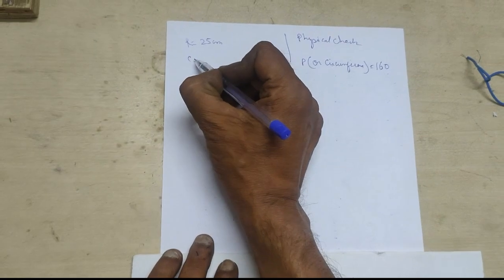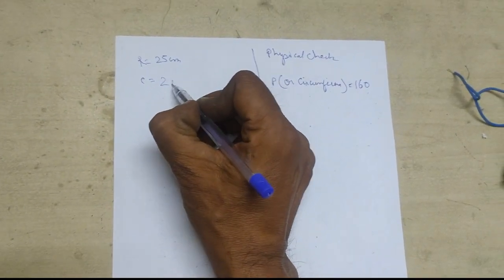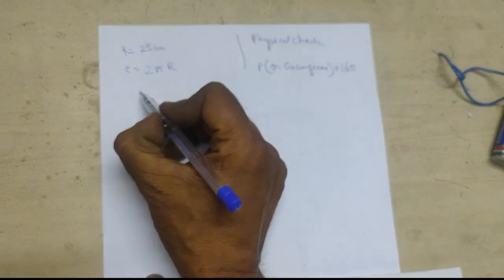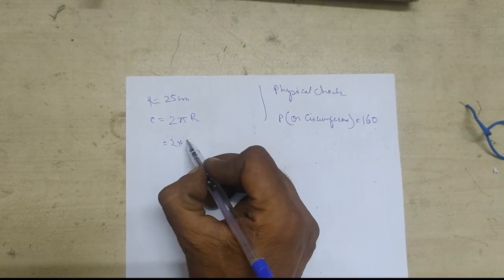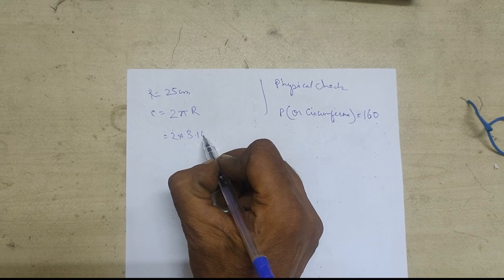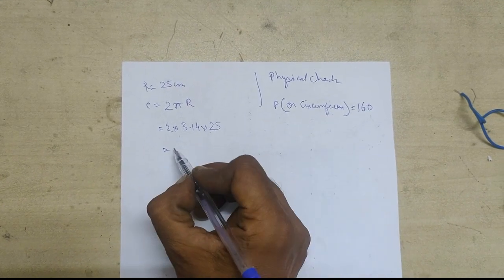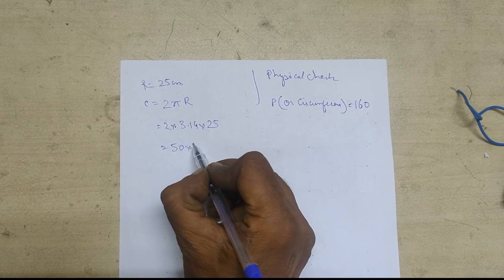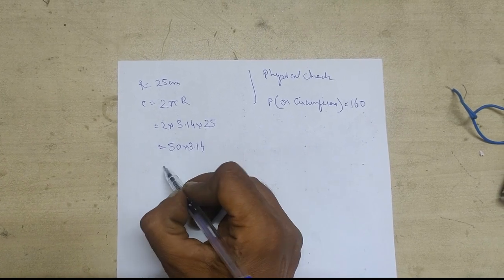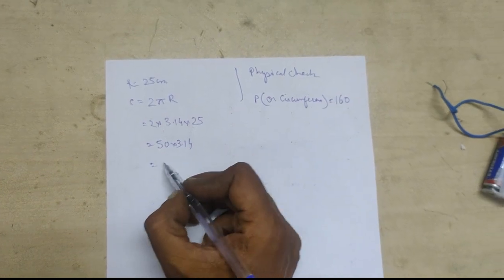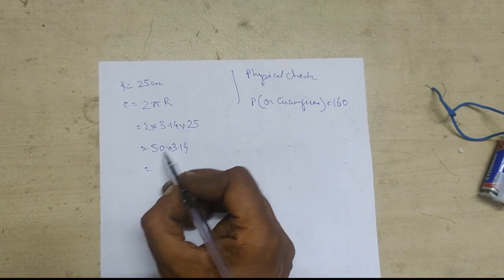So the circumference, you've got a formula for that. That is 2 into pi into r. That is called the circumference. This is 2 into pi, which is 3.14, and r here is 25. If you multiply them, it becomes 50 into 3.14. Let me do a trick here also for you.